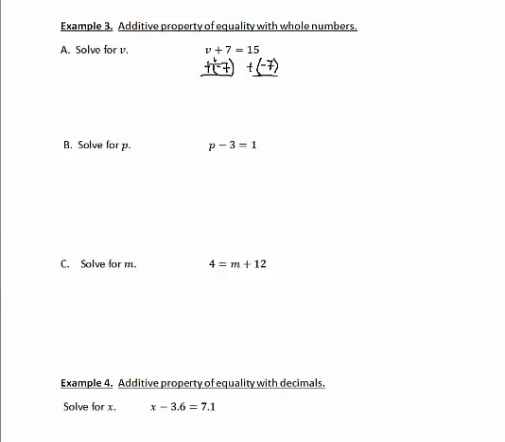So a plus 7 plus a negative 7, the addition of two opposite numbers. And you need to realize that I'm simply writing what I'm doing to each side underneath the side. So to rewrite this a different way, you could write V plus 7 plus a negative 7 on the left hand side, and then on the right hand side we could write 15 plus a negative 7.